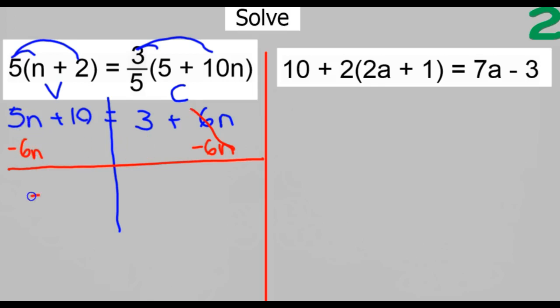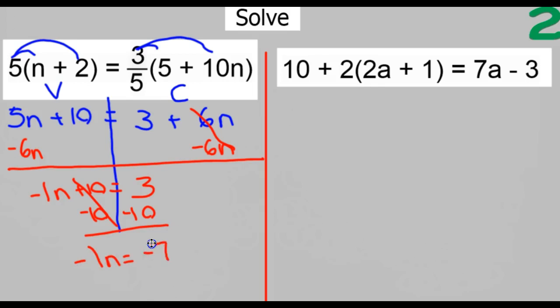I get negative 1n plus 10 equals 3. Oh, not 3, 7, 3. Now subtract 10 to get my constants on the constant side. And I get negative 1n equals negative 7.